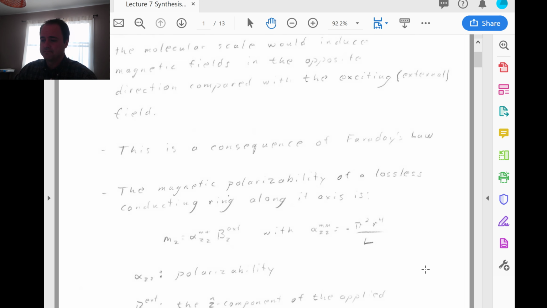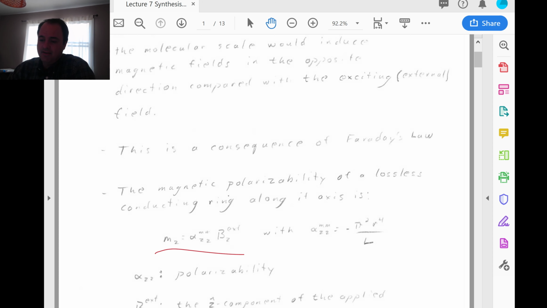And so they were trying to figure out if it is large enough to produce a negative polarizability. The magnetic polarizability of a lossless conducting ring along its axis is given by this right here. M sub z, the magnetization in the z direction, is linearly proportional to B in the z direction through this alpha term, the polarizability, which itself is a tensor.